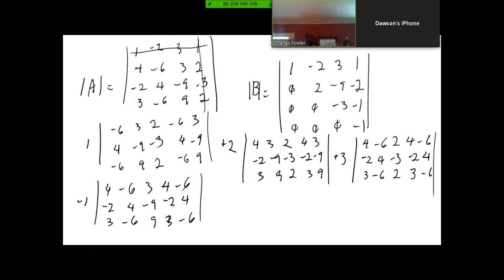Okay. Let's do our down diagonals. This is messy. The 1, I'm not going to mess with it, just multiply by 1.